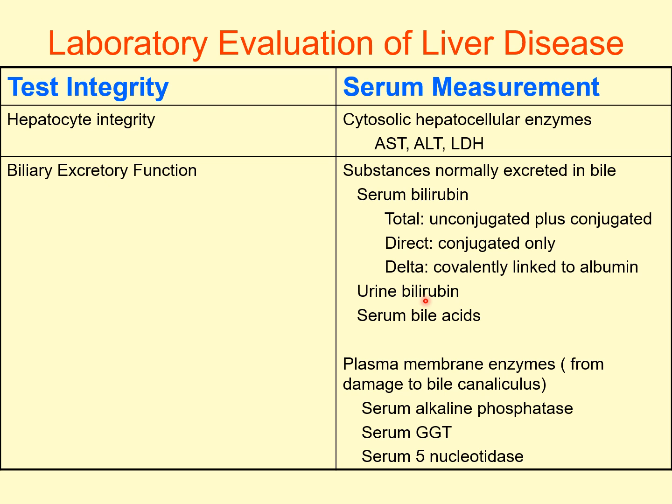This is covalently linked to albumin. We can detect it in the serum, and along with this in urine bilirubin and serum bile acids. This will assess the excretory function of the biliary or hepatic systems.